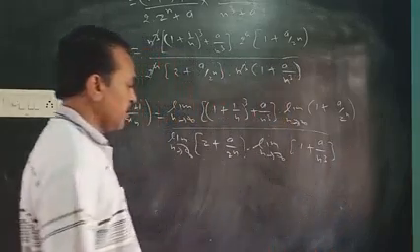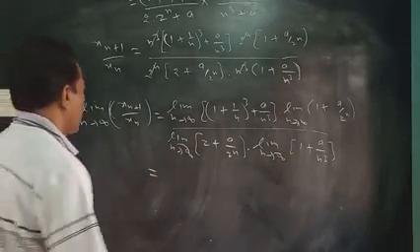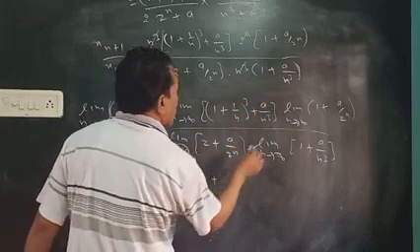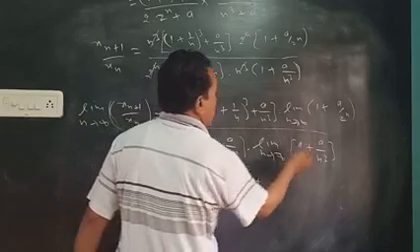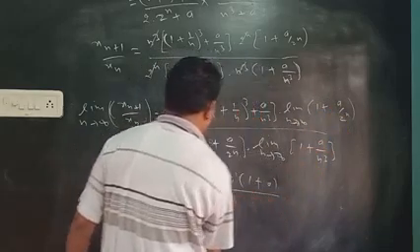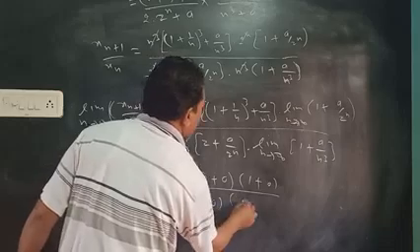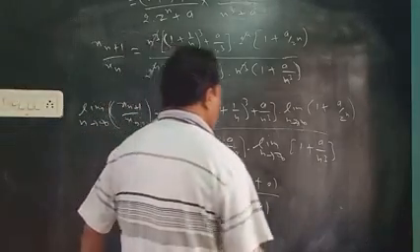Now apply n tends to infinity. So 1 plus 1 by infinity is 0, a by infinity 0, 1 by infinity 0, 2 plus 1 by infinity 0, 1 plus 1 by infinity 0. So only 1 by 2.